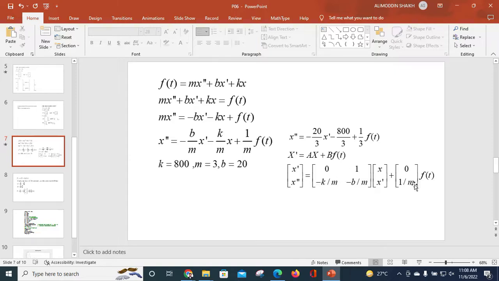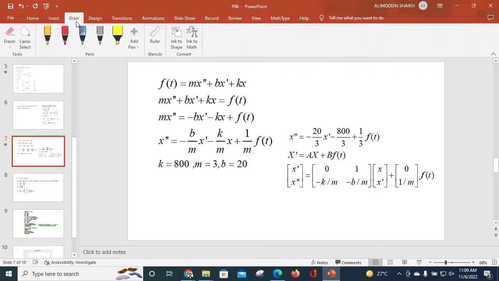How can we complete it? First of all, you see the equation of x double dash, and in it you are going to multiply the matrices. How are you going to do the multiplication? Always row and column multiplication we are doing.